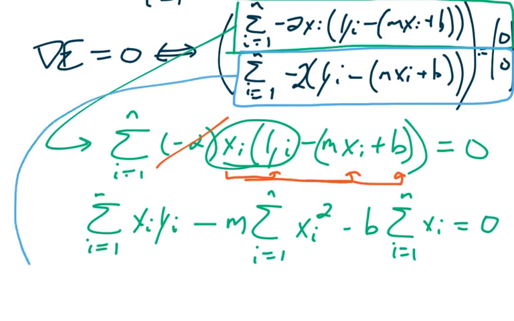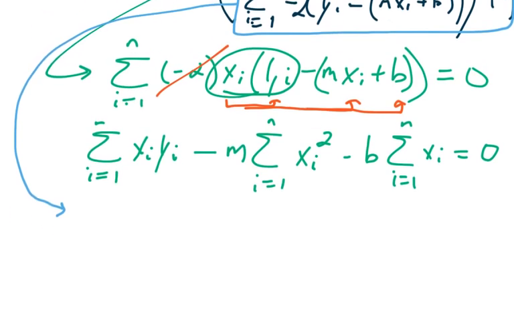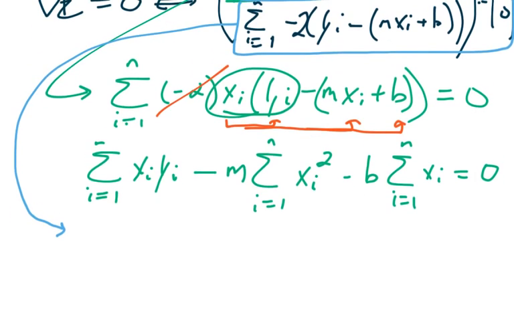Okay, so I'm going to take this second line down here. So this is the sum from 1 to n. Again, I'm just going to go ahead and cancel that negative 2 out. Since it's being set equal to 0, I can just divide it through.